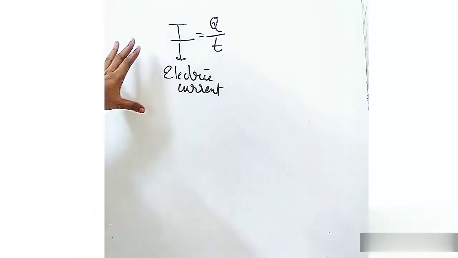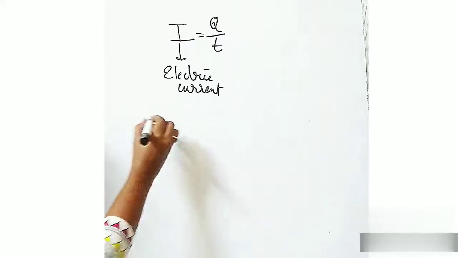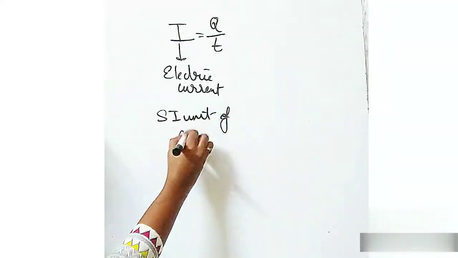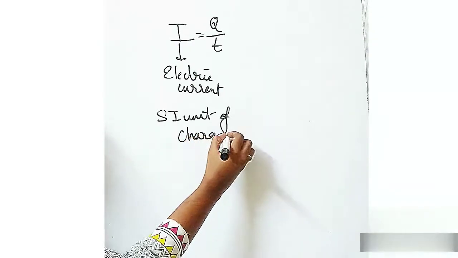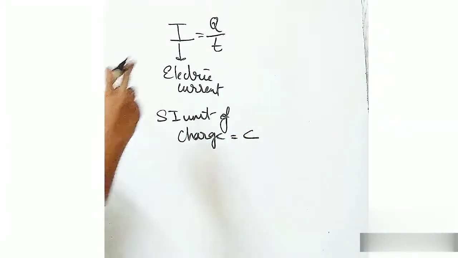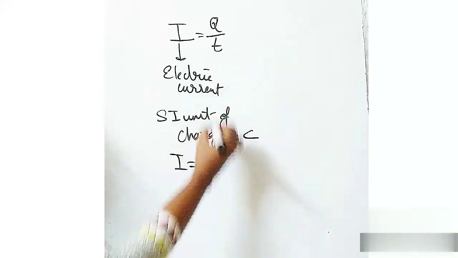Now, what is the unit of the charge? Always remember, the SI unit of charge is coulomb, and it is denoted as C. According to the formula, the current unit will be coulomb per second.